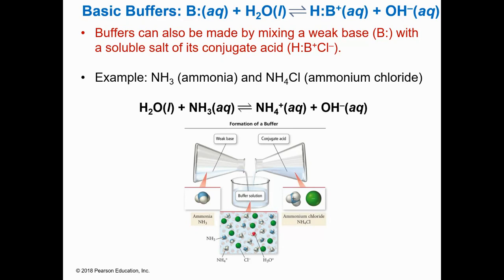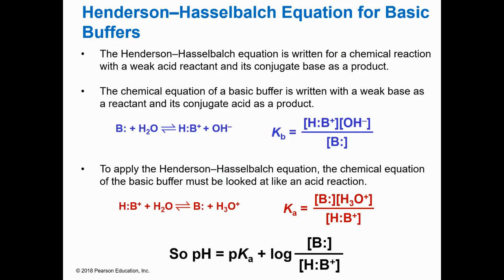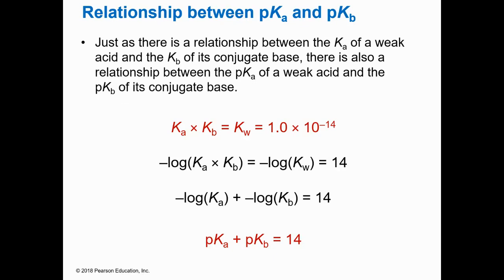All right, so buffers can also be a base and its conjugate acid. So we've kind of been using the acid and its conjugate base, but it could go the other way as well. Again, they need to be as close to equal proportions as possible. And you can find the pH the same way. pKa is equal to log of base over acid.